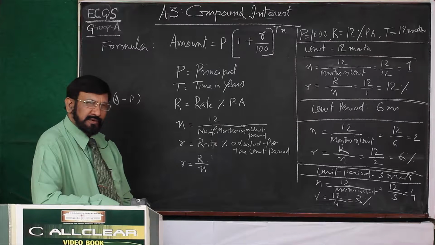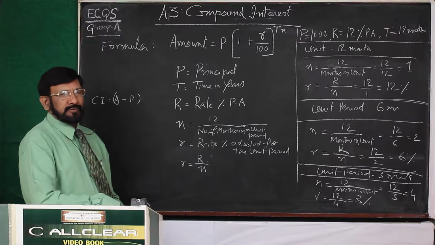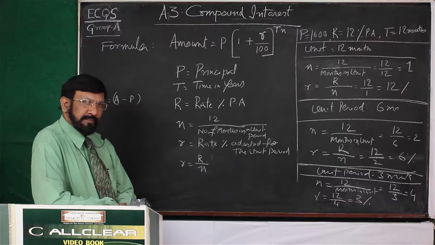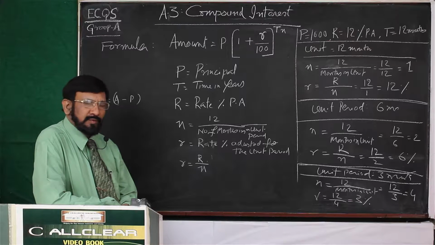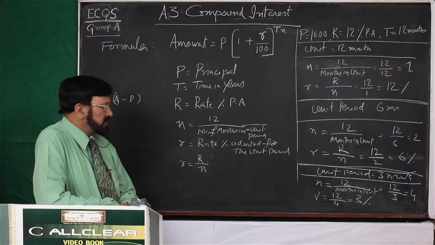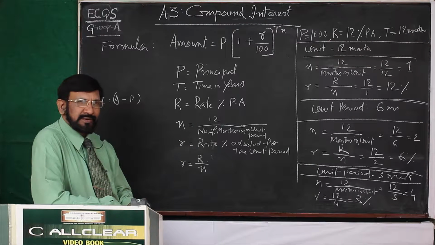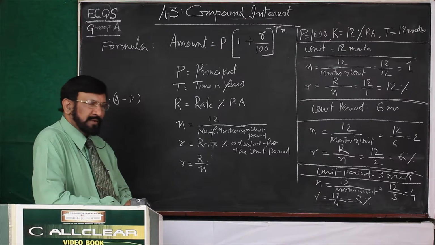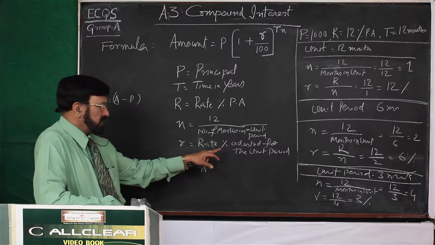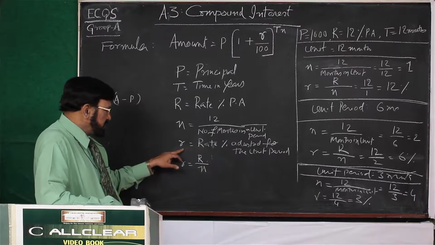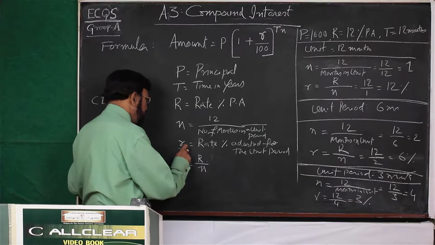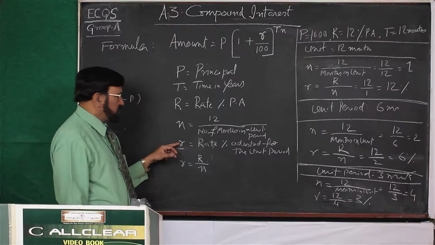Simple thing. Suppose 12% is per annum. If the unit period is 1 year, then 12%. If the unit period is 6 months, then it should be 6%. If the unit period is 3 months, then it will be 3%. In that way, we have to adjust it. So for the sake of clear identification, I used lowercase r.